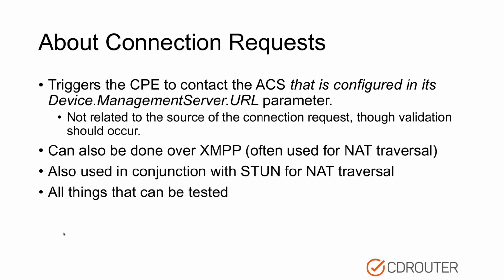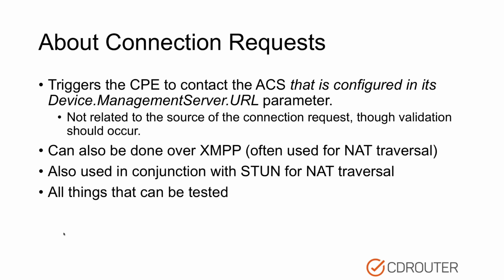And these connection requests are done over HTTP, but they can also be done over XMPP, and that was established in Amendment 5 of TR-069. That's used so that systems that need to go around a NAT or a firewall can still contact the ACS.